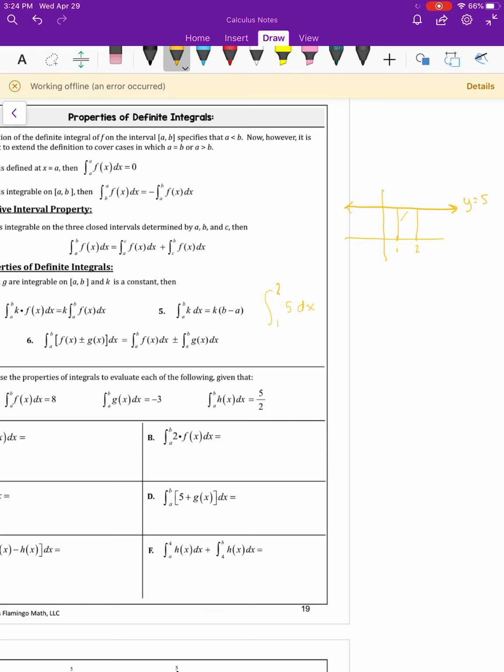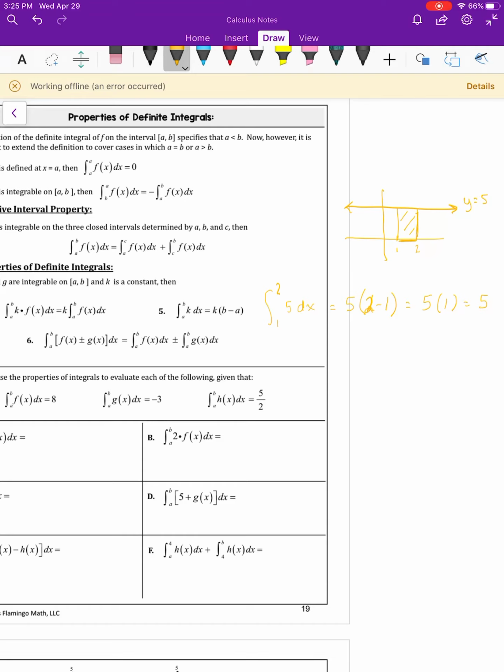And if I want to integrate it from 1 to 2, I'm just talking about this area right here. And so can you see why this would be equivalent to 5 times (2 minus 1)? I was going to put b minus a, but I already gave you a b and an a. So 5 times (b minus a). So 5 times (2 minus 1).